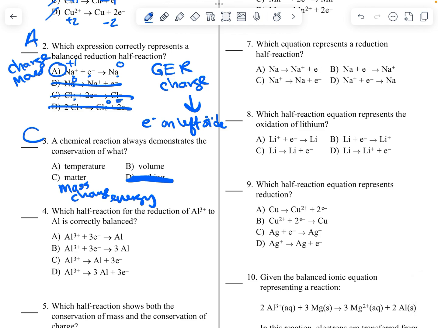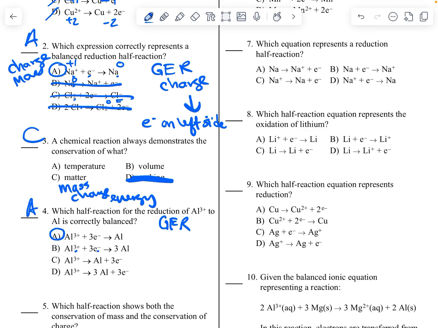What half reaction is correct for the reduction of Al +3 to Al0? So what we're saying is, okay, Al +3 to Al0. So reduction means gain of electrons. So in part A, I have Al +3 gaining 3 electrons to Al0. That's my answer.